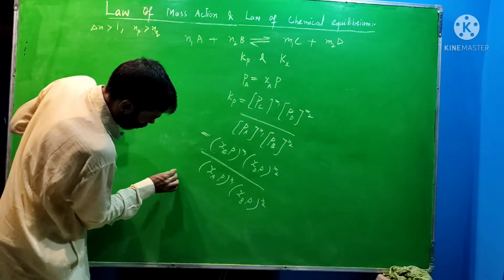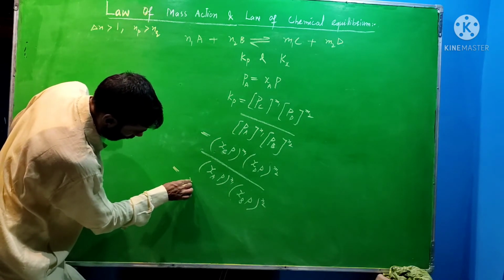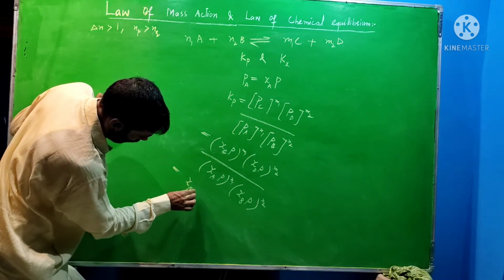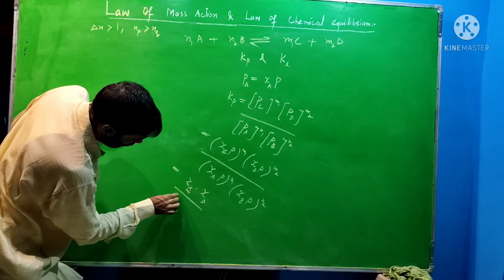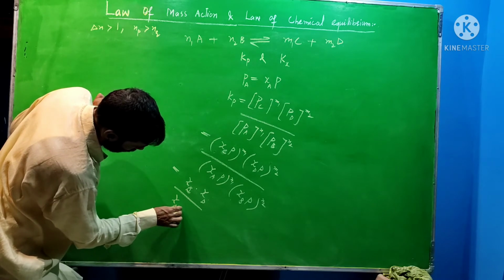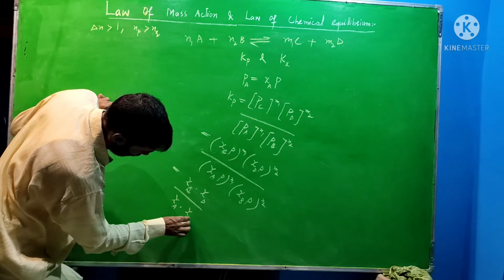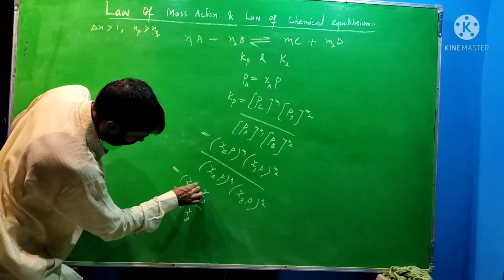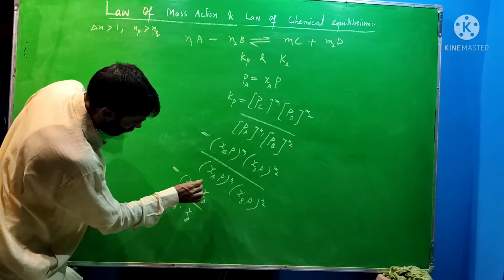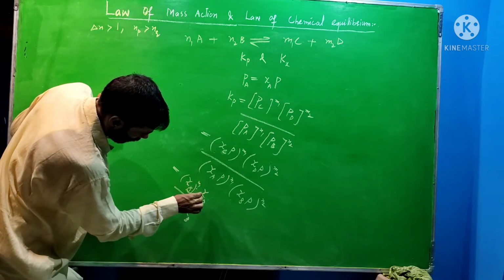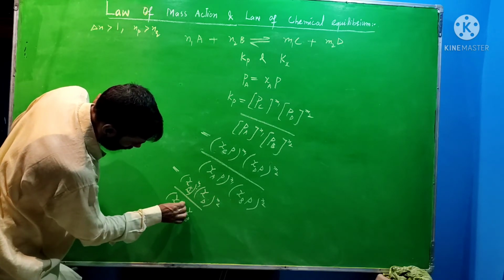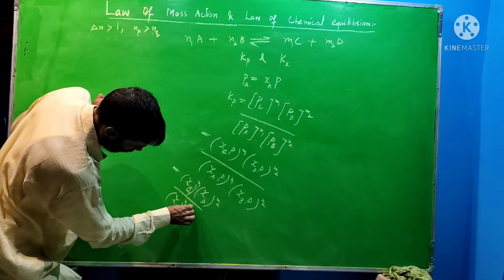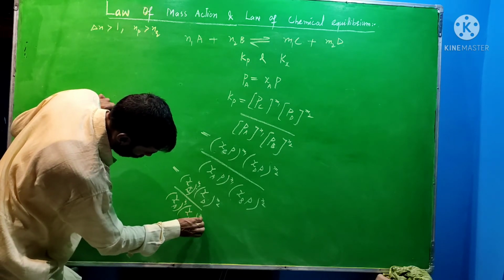So these terms give xC raised to m1 into xD raised to m2 divided by xA raised to n1 into xB raised to n2, with coefficients m1, m2, n1 and n2.